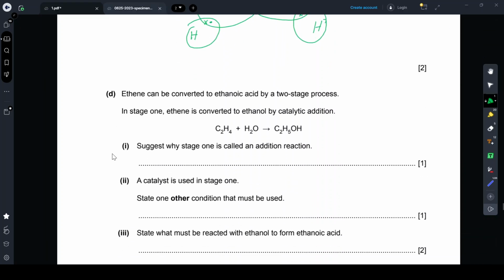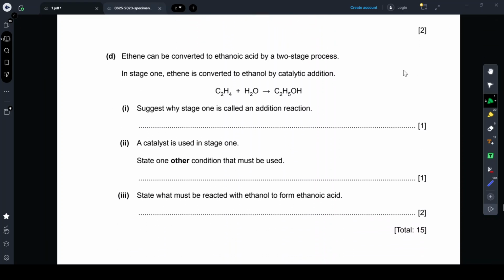Okay. Ethene can be converted to ethanoic acid by a two-stage process. In stage one, ethene is converted to ethanol by catalytic addition. So you're adding water to ethene to get ethanol. Suggest why stage one is called an addition reaction. Because it speeds up the reaction.